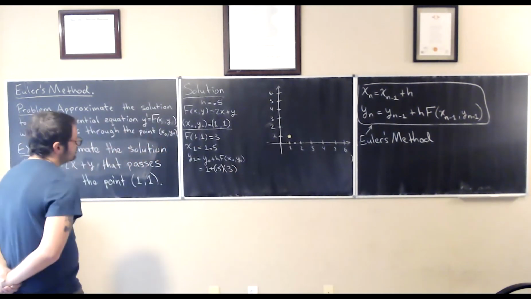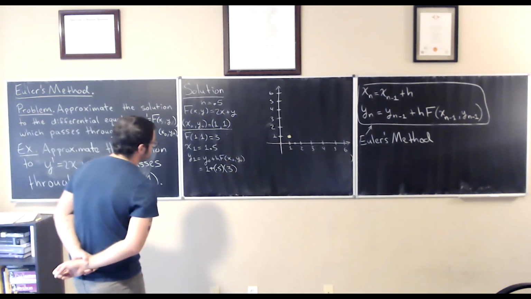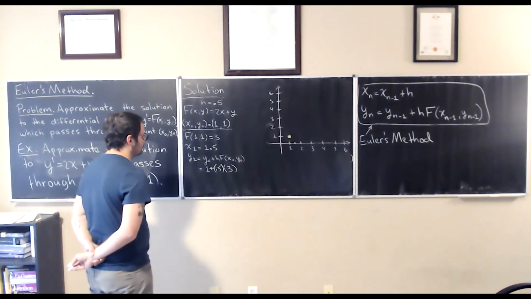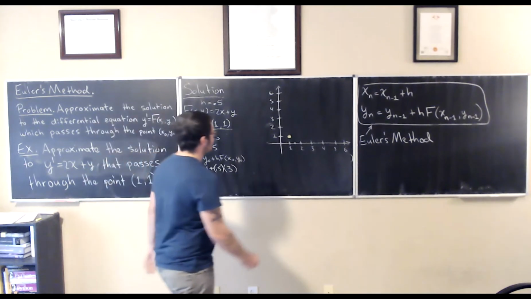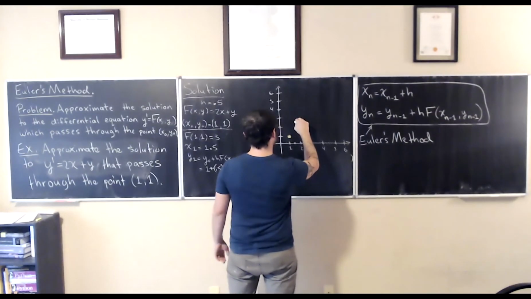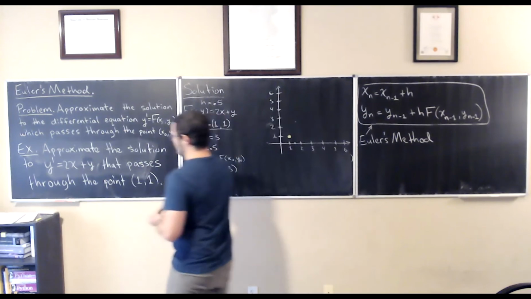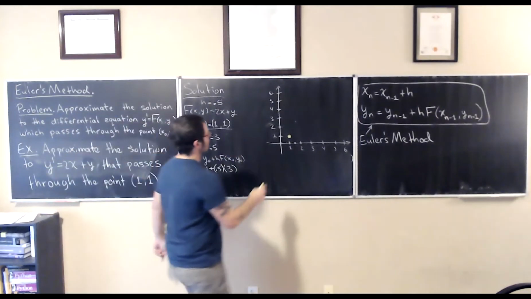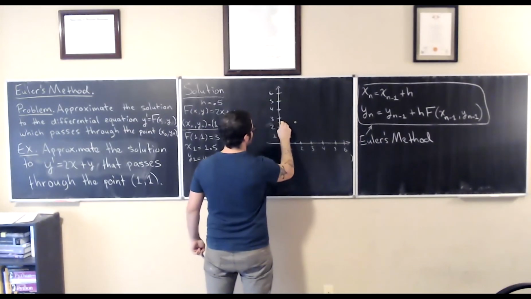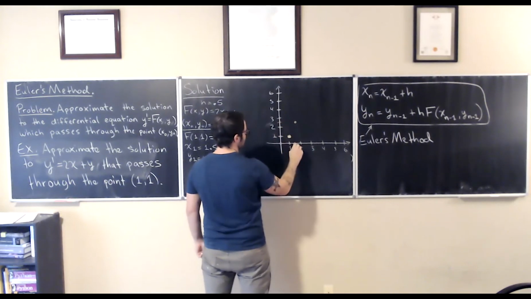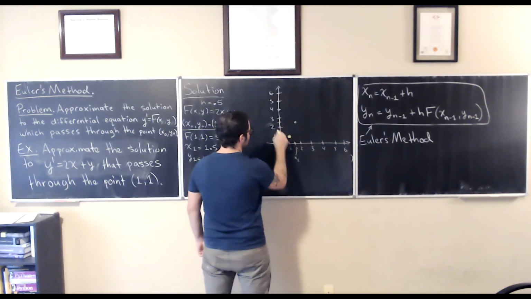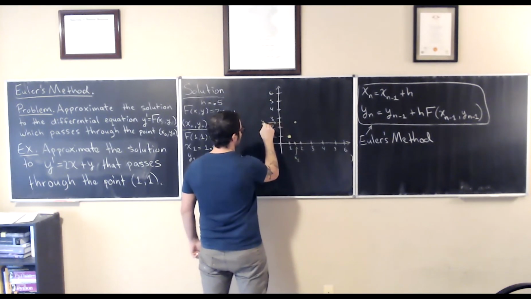Okay, so we have 1 plus 1.5, so it's 2.5. So we're right there. So this is x1, y1.